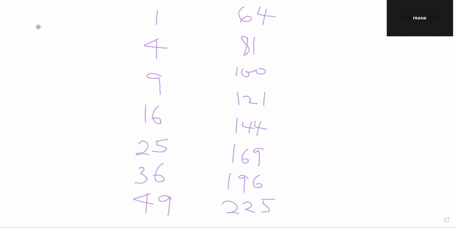I've forgotten a bit. Once you forget a perfect square, you can work it out. 16 times 16. So if you work it out, you are going to have 256. That's the 16th perfect square.